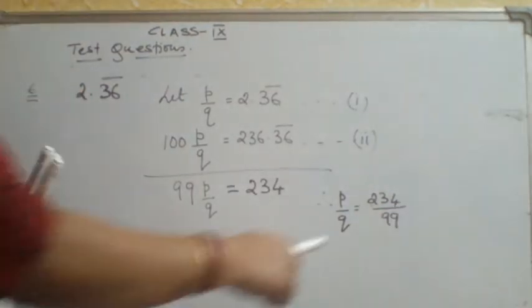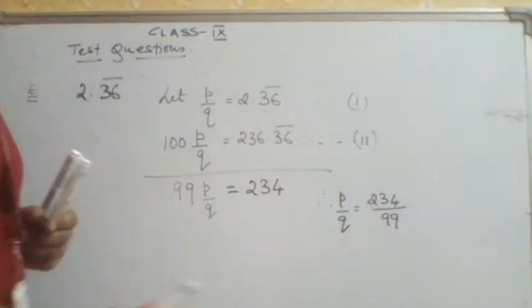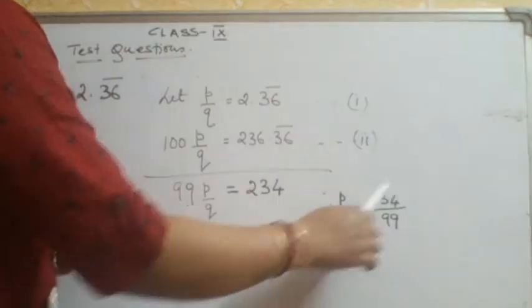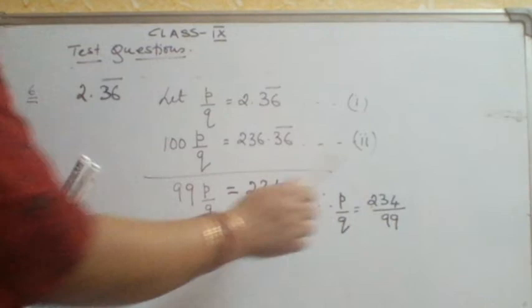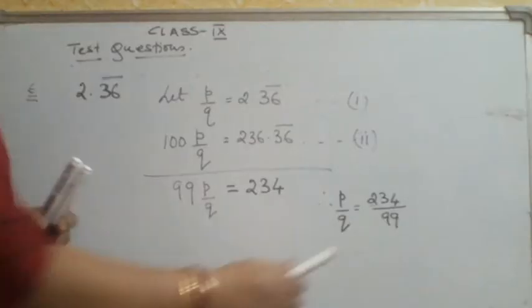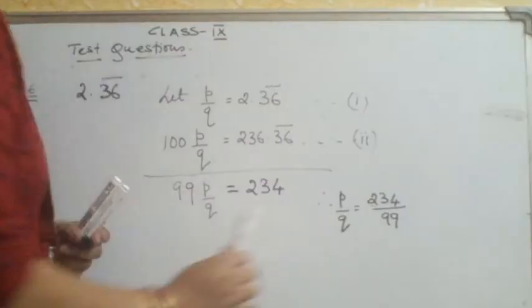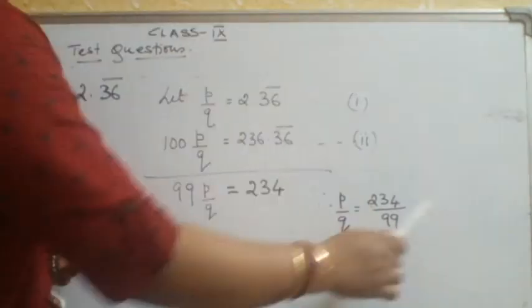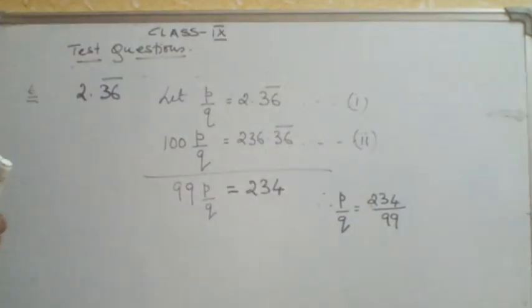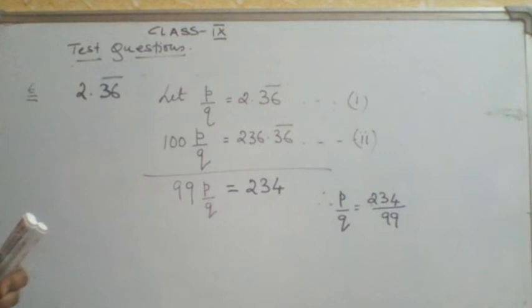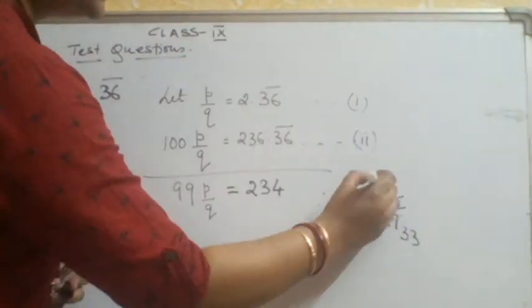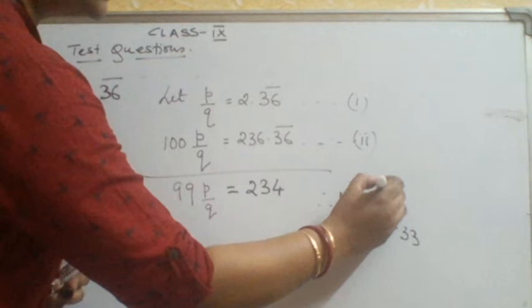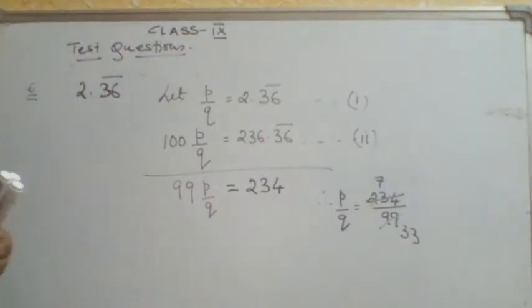Now see, this number is divisible by 3. 2, 3, 4. You know the divisibility rule for 3. This is also divisible by 3. So you need not leave the answer like this. You will cancel it and take it to the lowest term, and that will be the correct answer. So this is 3, 3, and this one is 21.